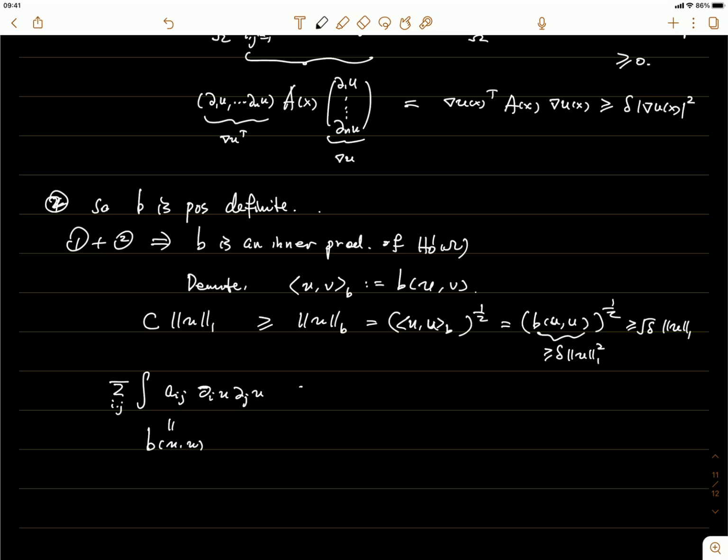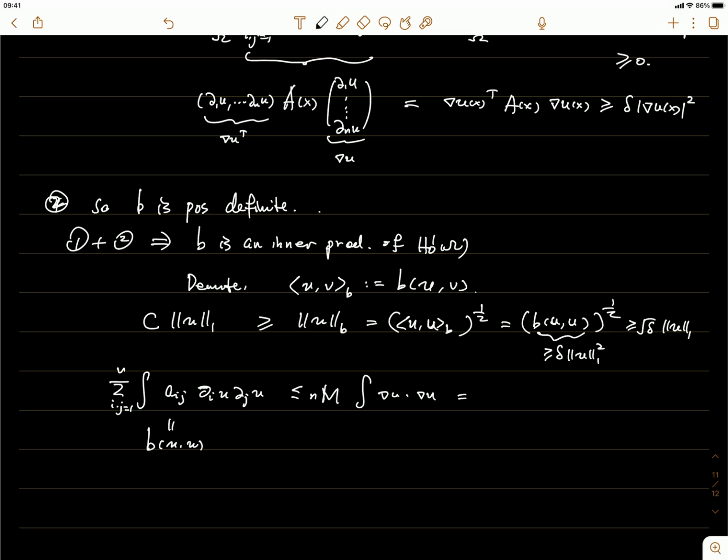This is less than or equal to some constant, because the a_ij's are all bounded by M, maybe with another constant like n, from 1 to n, times d_i u d_i u.